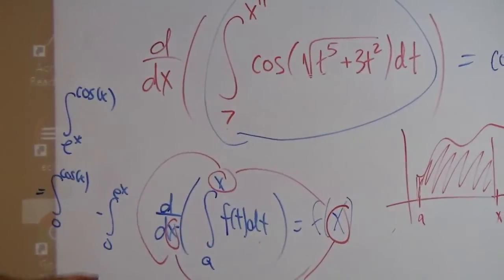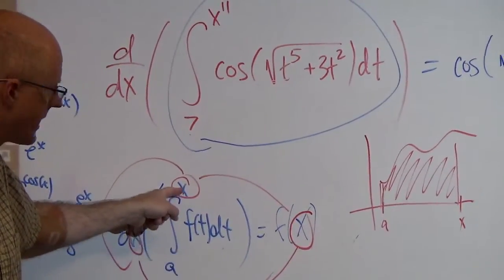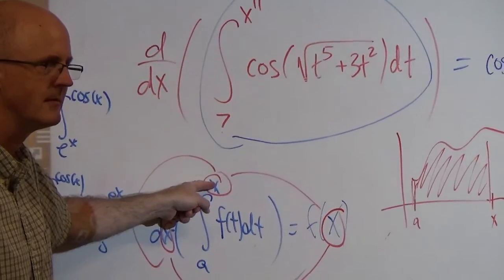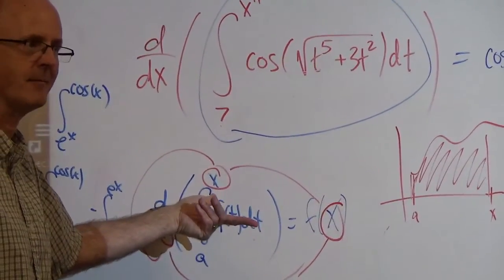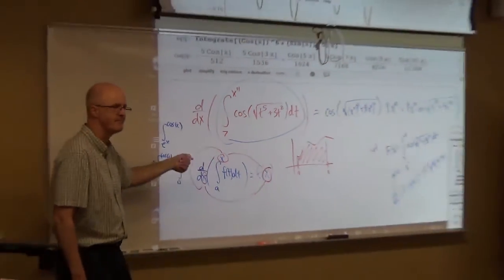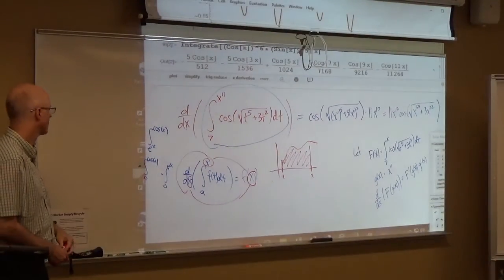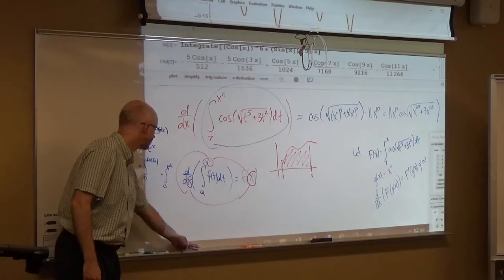Yeah, for the theorem to work in this way, the variable needs to be an upper limit. If it were a constant up there and an x down there, you need to flip them and put a negative sign in there before you differentiate.